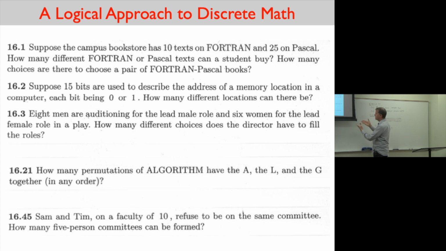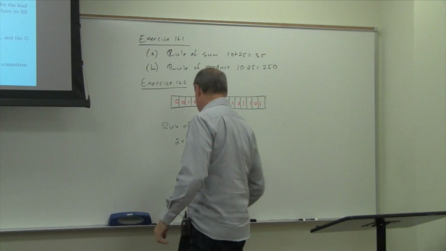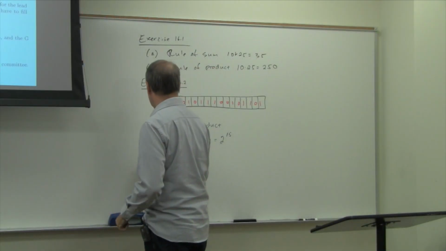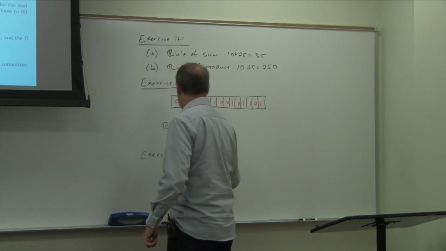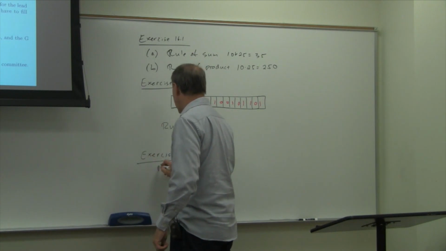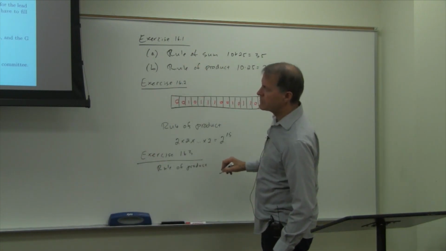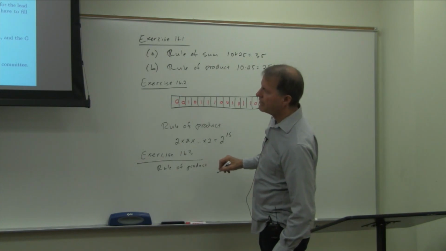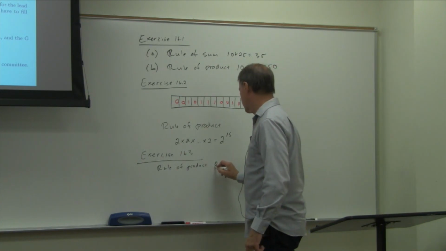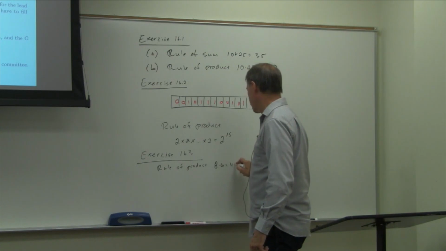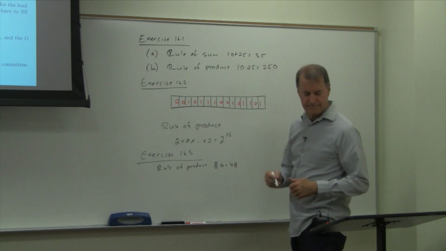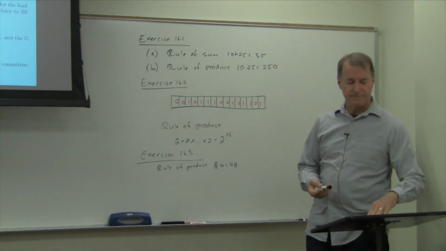So how many possible? Making 2 decisions, and that's the rule of product. 8 times 6 is 48, right? Are we good?